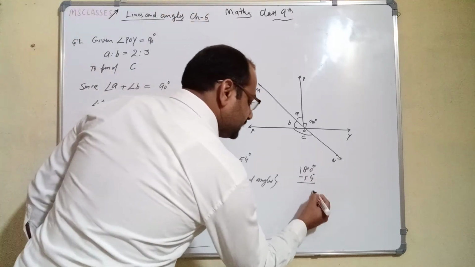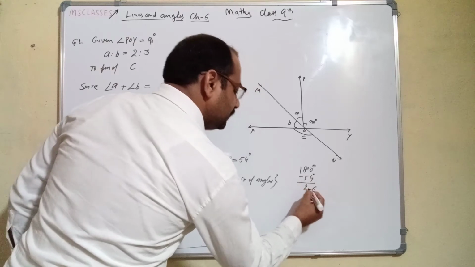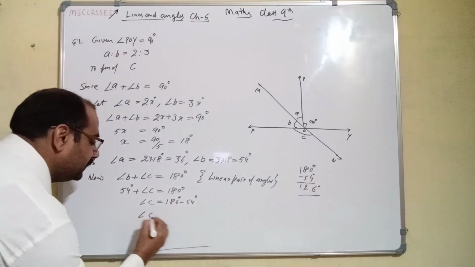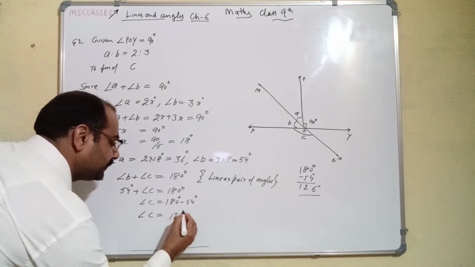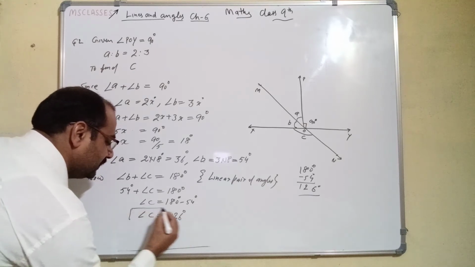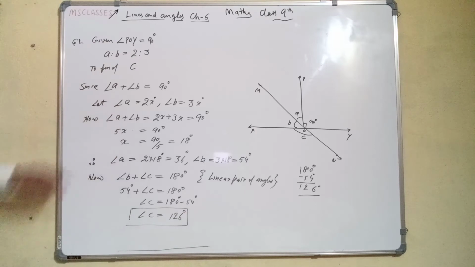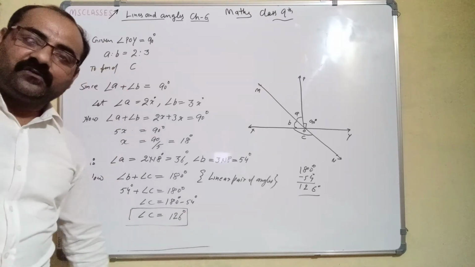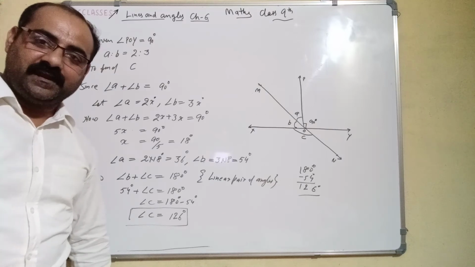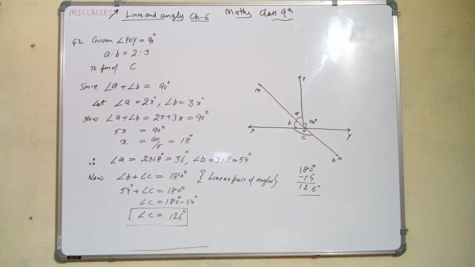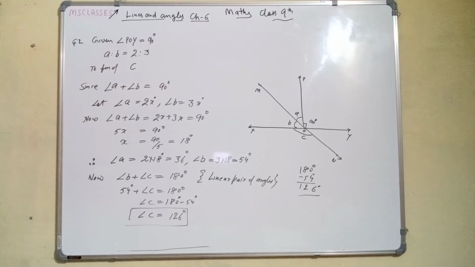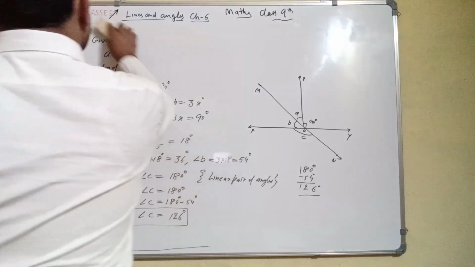This is equal to 126 degree. So guys, this is your solution. You have to calculate angle C. So angle C is 126 degree. Right? So guys, this is one of the most important questions from exercise 6.1.